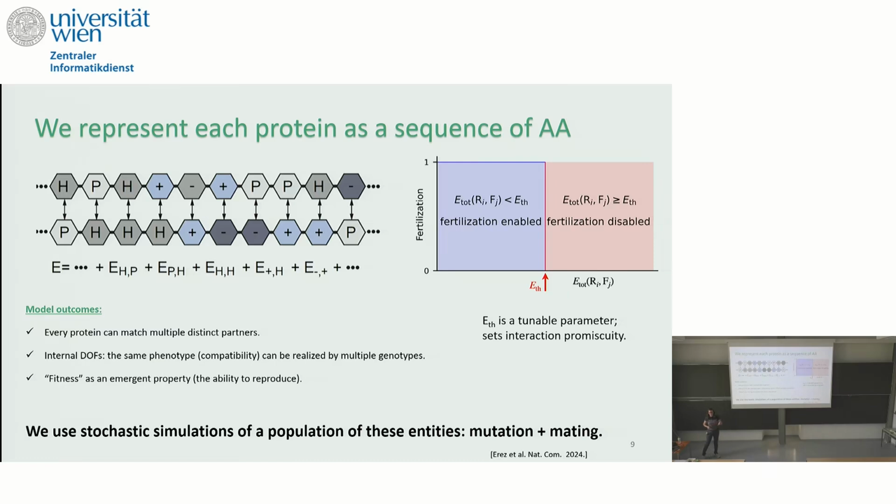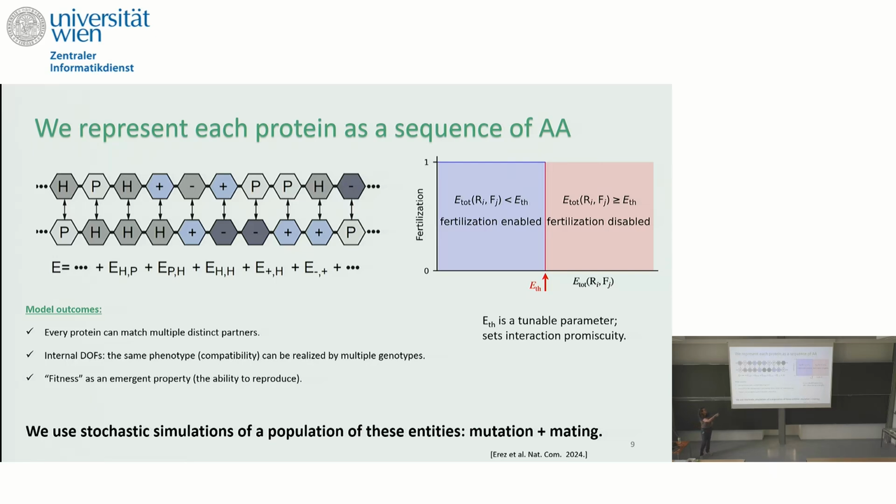And then we consider the molecular recognition as an energetic interaction between a pair of one male and one female protein, and the total energy is the sum of the pairwise interaction energies between their amino acids.